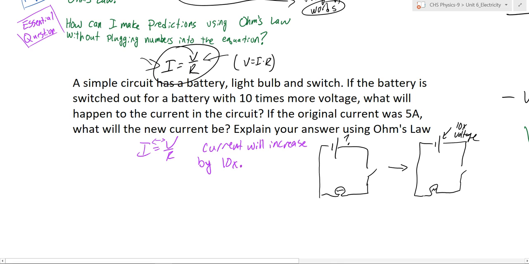If the original current was 5 amps, the new current will be 50 amps. Okay, so those are our answers, and then we have to explain using Ohm's law. That would look something like this.